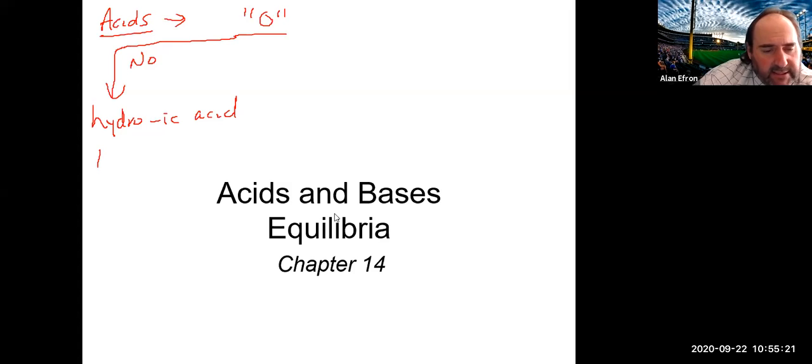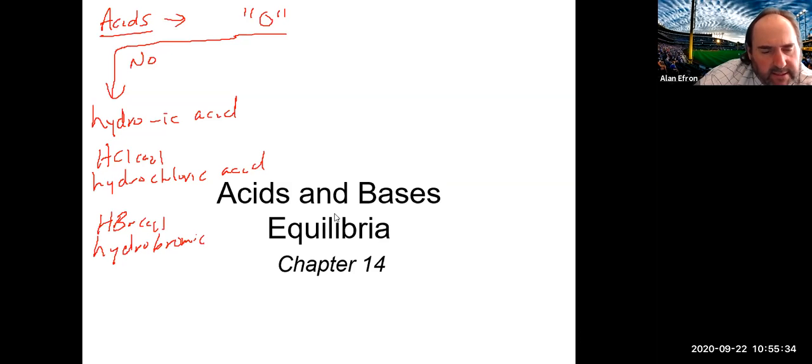So HCl is hydrochloric acid, no oxygen. HBr is hydrobromic acid, again no oxygen. Also, when we write acids, they typically have the aqueous symbol next to them. That implies it's a water environment. That's why we don't call these hydrogen chloride or hydrogen bromide. Again, that aqueous is important.